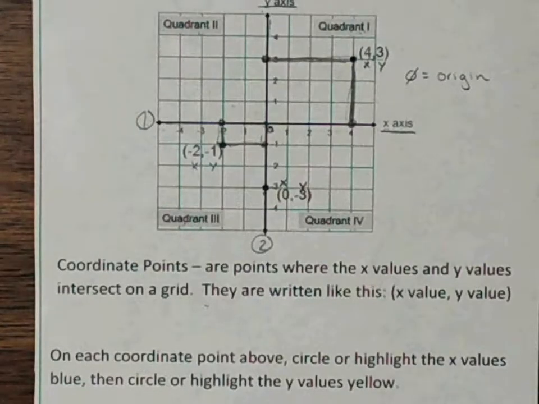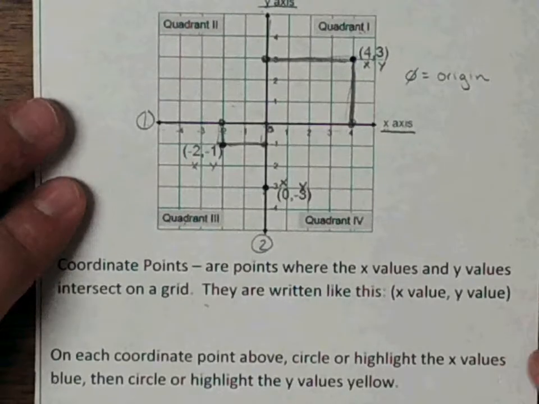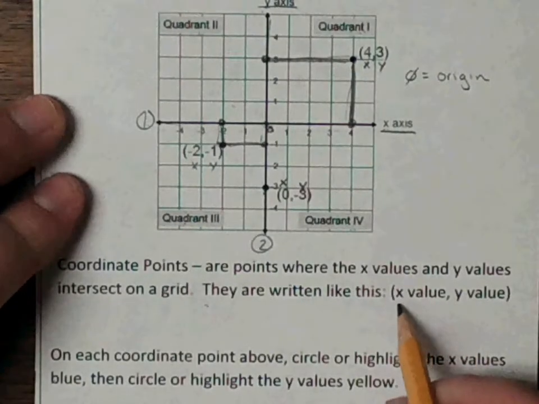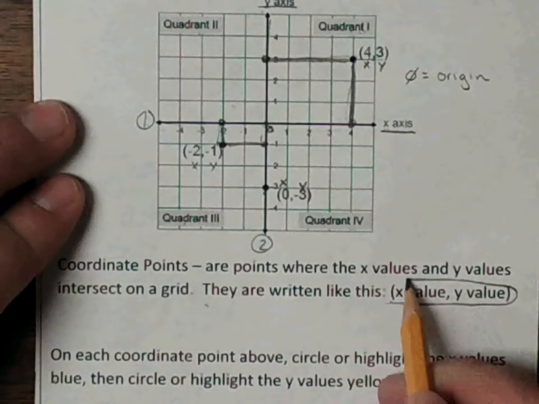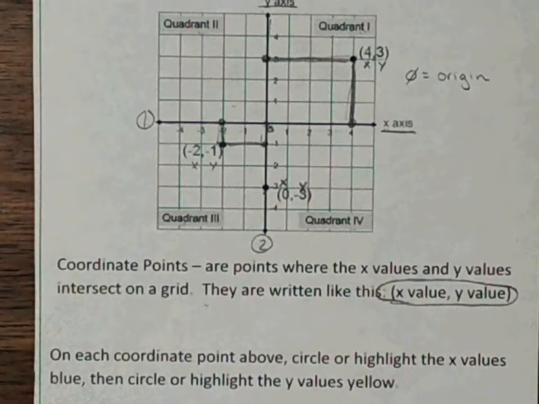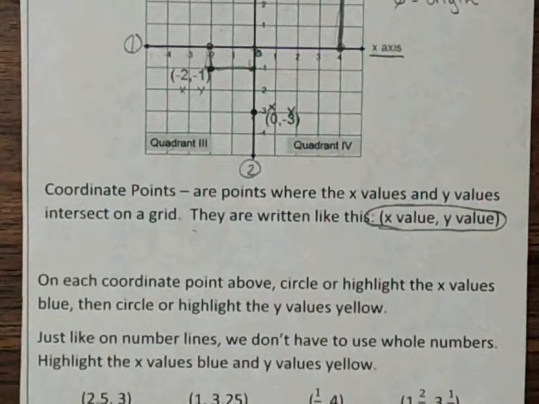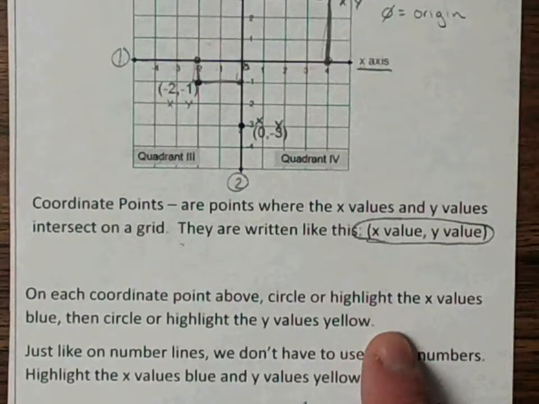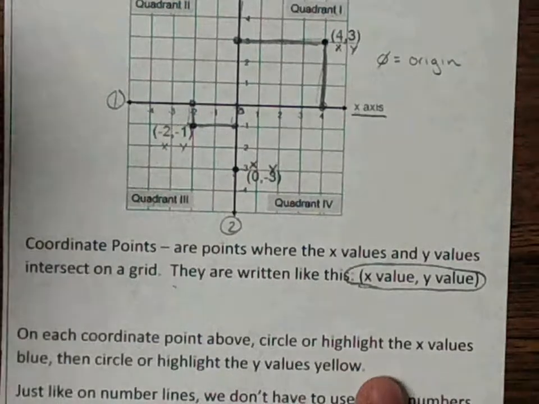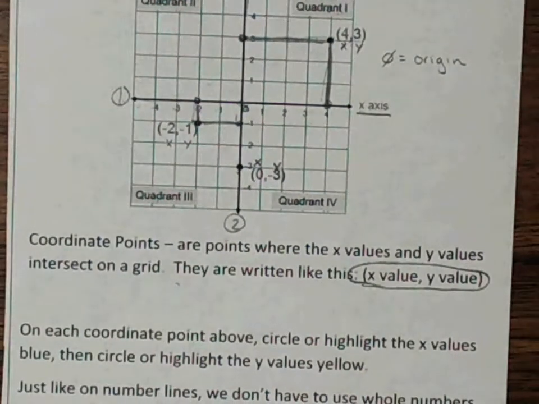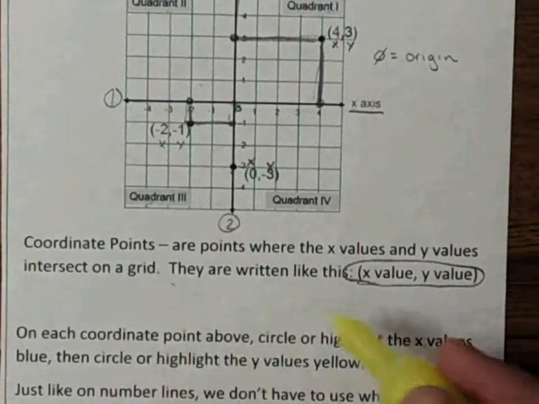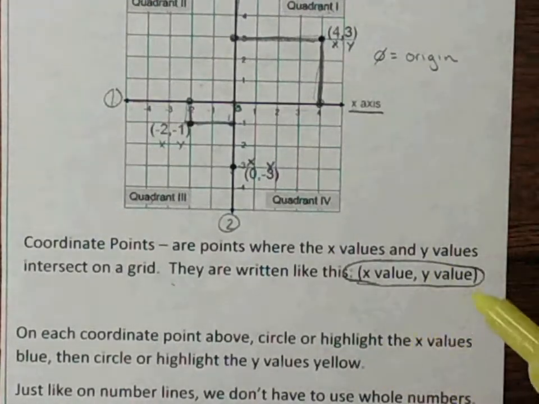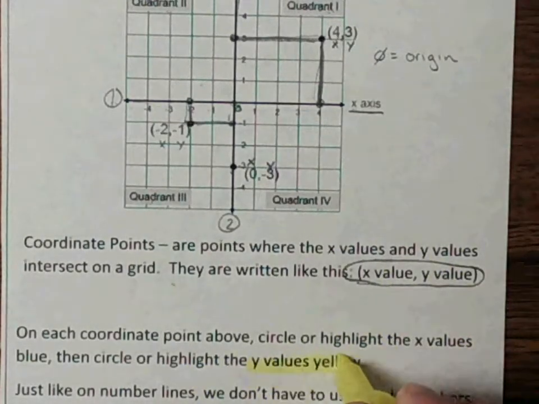We'll get used to this. We'll do a lot of practicing of this, of finding coordinate points. The big thing to remember is they are always, always, always x and y. So what I want you to do is on your coordinate plane, I want you to highlight or circle the x values blue and the y values yellow. Now the truth is, I don't care what colors you use.